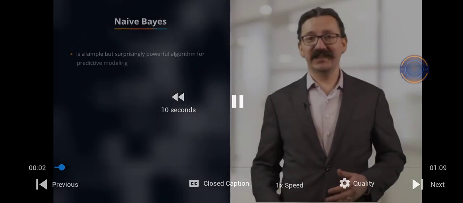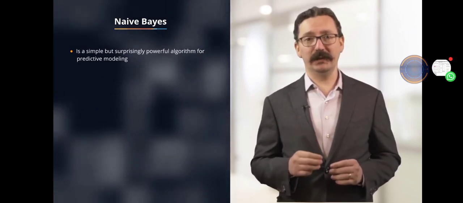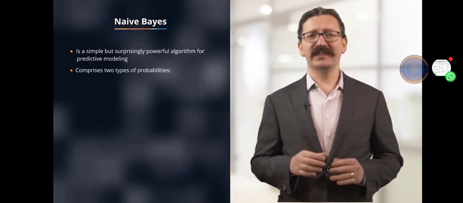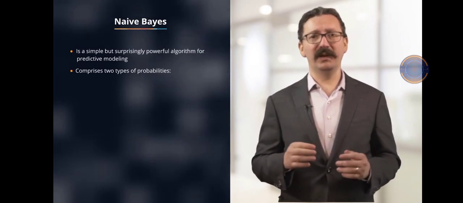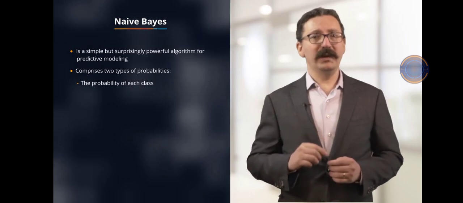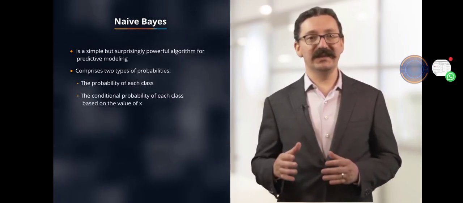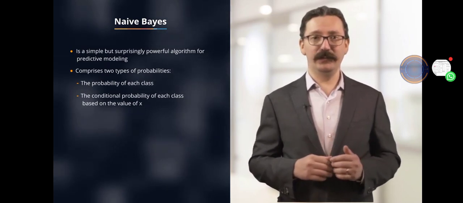Naive Bayes is a simple but surprisingly powerful algorithm for predictive modeling. The model comprises two types of probabilities that can be calculated directly from your training data: the probability of each class and the conditional probability for each class given each x value.